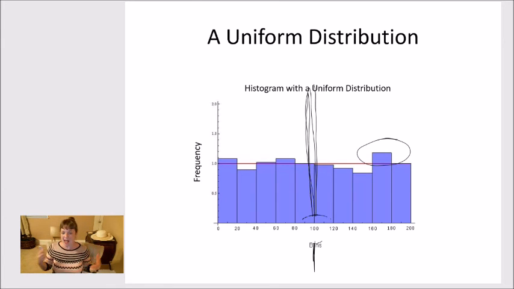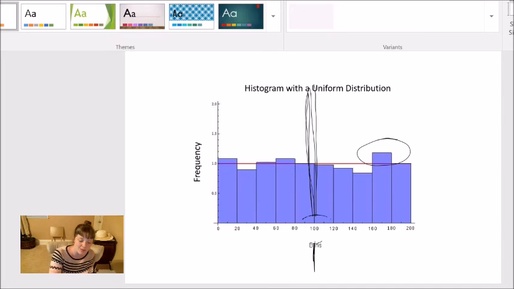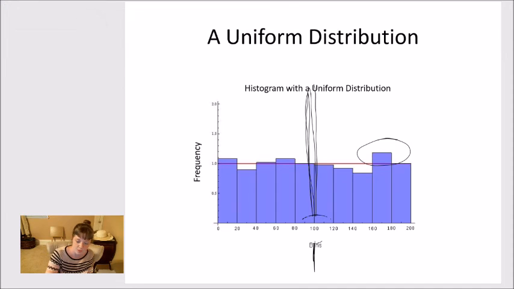No mode, because every single score is just as likely as any other. So there's no most common score. But on any symmetrical distribution where the left and right hand side of the graph are roughly the same, the median and the mean are going to be in the center, just as they are in a normal distribution.